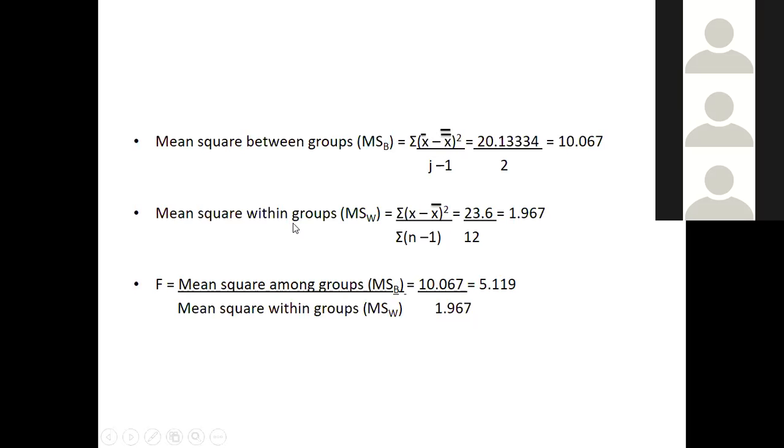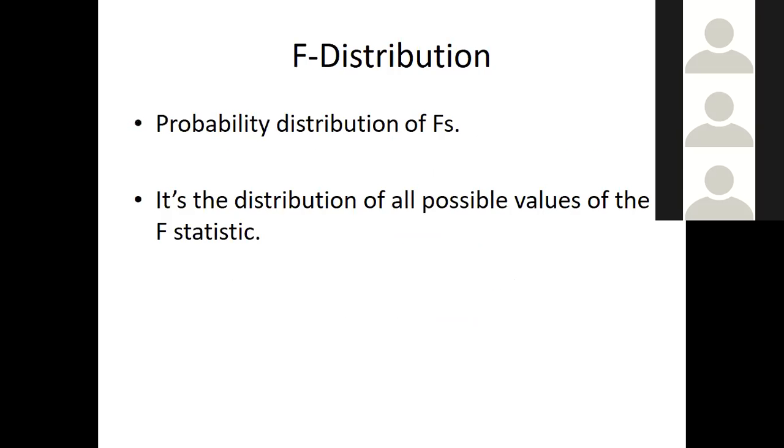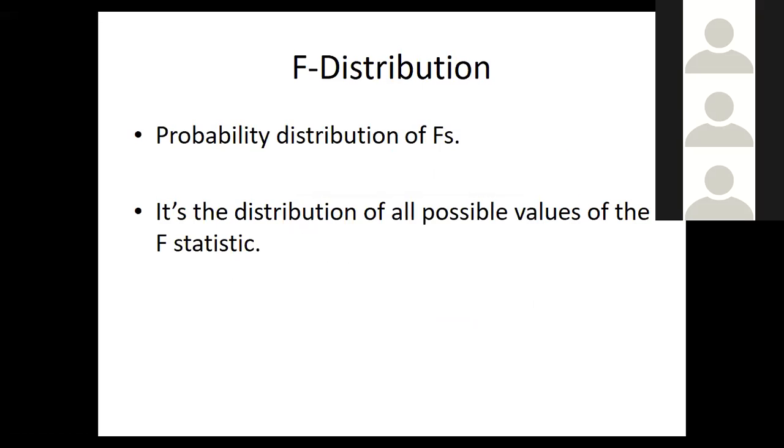For within-group variance, it is the summation of each individual value minus the group mean, squared, all over the sum of the degrees of freedom of all the groups. So the F ratio will be all this over this. You don't even need to cram any formula; you get to understand it. Now, let's quickly talk about the F distribution.